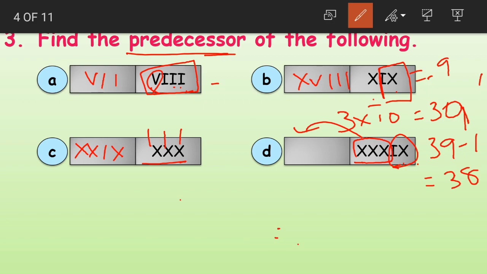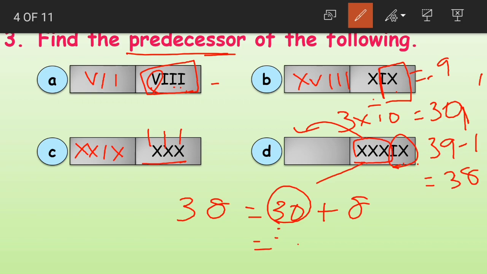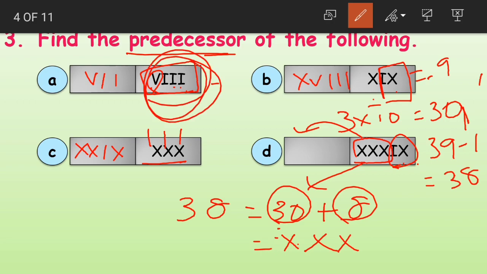Now, how do we write 38 in Roman symbols, children? First, write the expanded form, 30 plus 8. 30 in Roman symbols, we have in the question itself, X, X, X. Now, how do we write 8? As we saw here, 8 means V, I, I, I. 5 plus 1 plus 1 plus 1: 6, 7, 8.